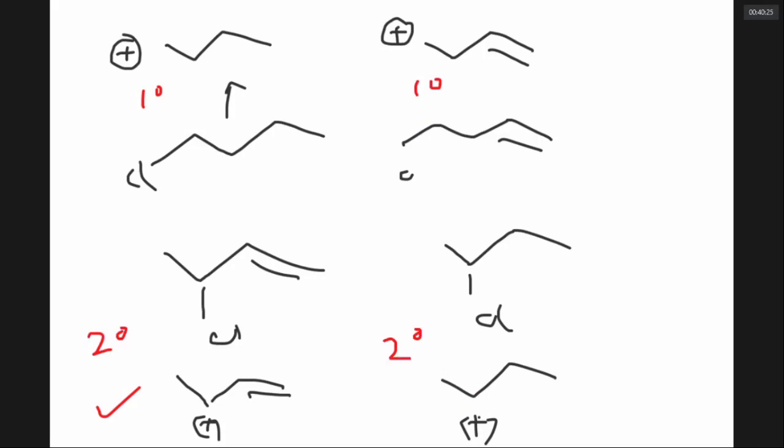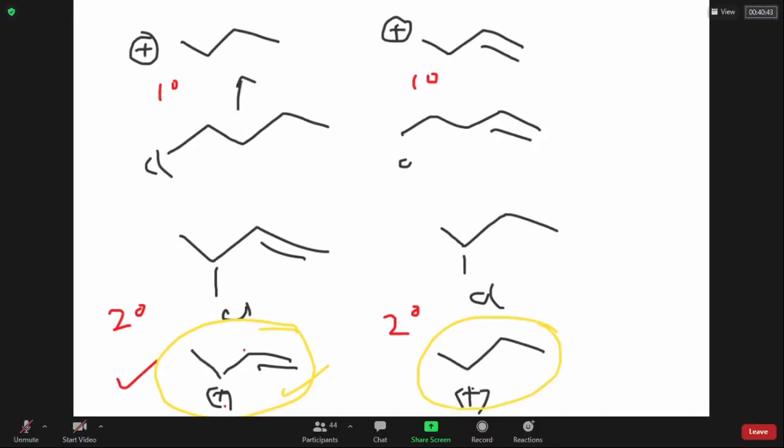Secondary carbocation is better than primary. The secondary carbocation, which is in conjugation with the double bond, is so beautiful, and this is most stable, so it is more readily formed. After this, secondary carbocation is better. After secondary carbocation, among these two primary carbocations, the carbocation which has a possibility of hydride shift: if the hydride is shifting, there is a chance for this carbon to get plus charge.